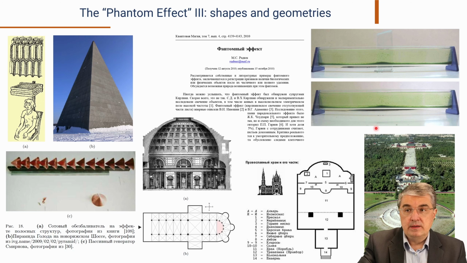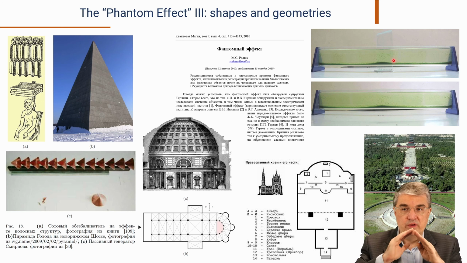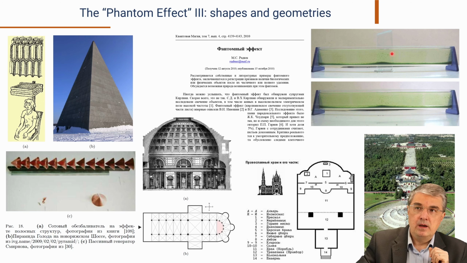This shape effect is quite well known, primarily for different pyramids, but other experiments also demonstrated it quite well. This is a Raduk experiment. He used a colloidal solution made from organic remains of plants. The plants were cut into very small particles, and this colloidal solution demonstrated different rates of sedimentation in the presence of geometries, in fact of any geometries.